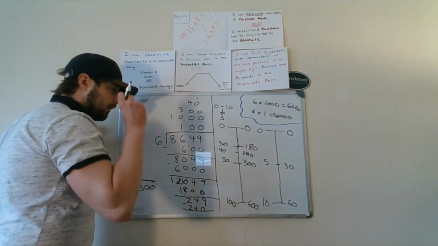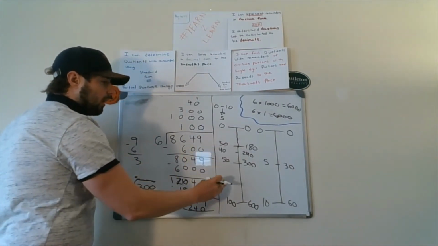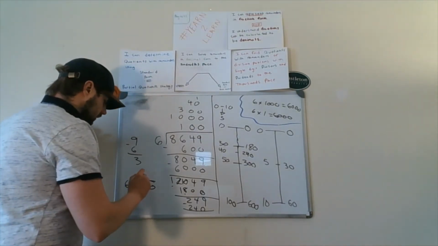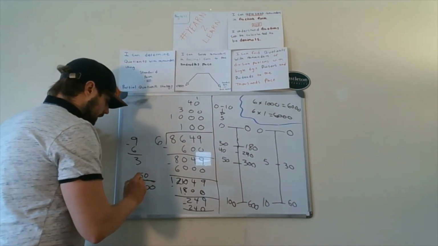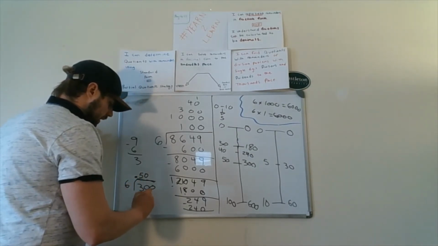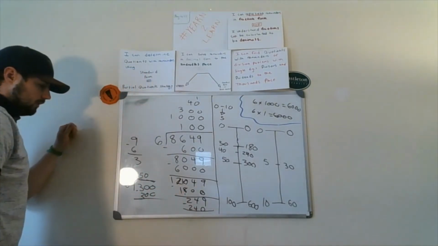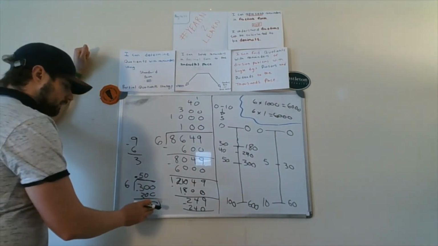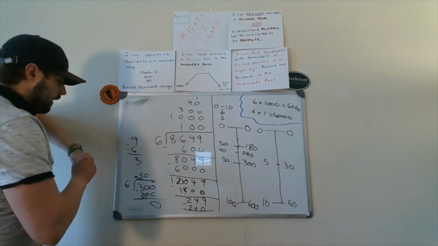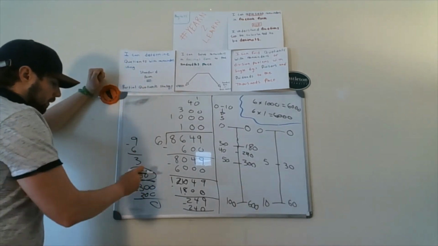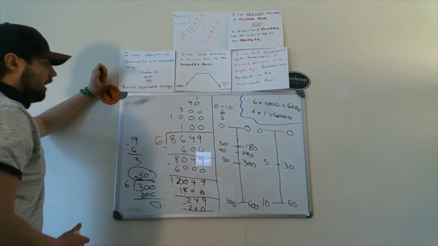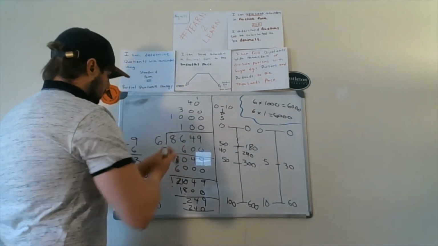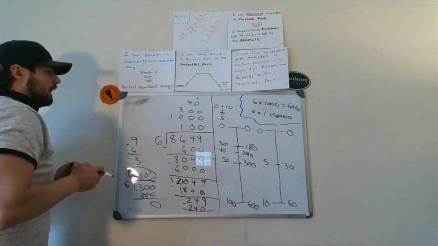I can chunk that out right away because I did all that hard math work earlier on my tape measure. I know 6 times 50 would chunk this thing completely out. Nothing left. We got all the way to that hundredths place with nothing left over. There is my decimal remainder. 0.50, 50 hundredths.